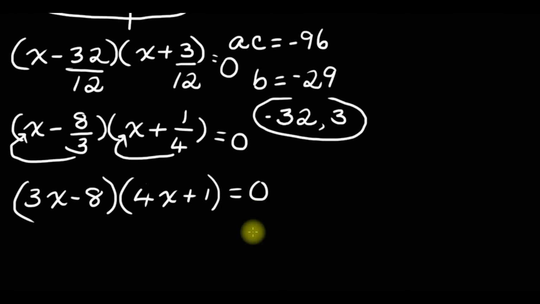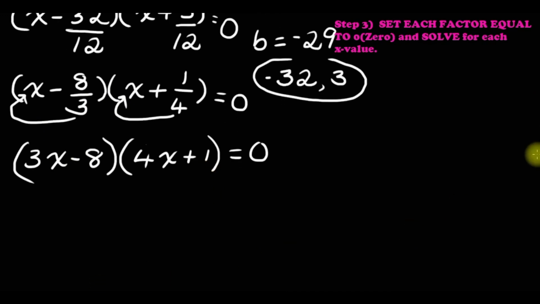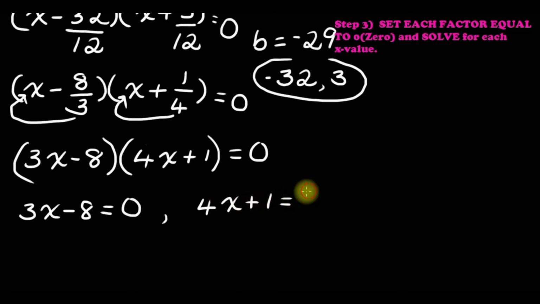Okay, what do we do for step 3? What do we do after this? We have to set each factor equal to 0, and then we have to solve for x. So here we have 3x minus 8 equals 0, and over here we have 4x plus 1 equals 0.